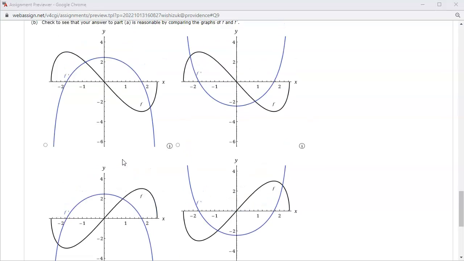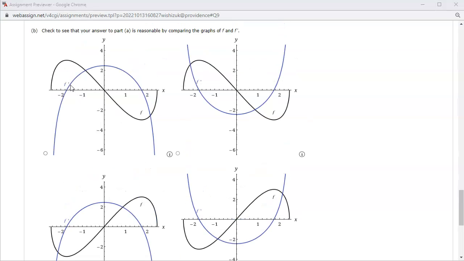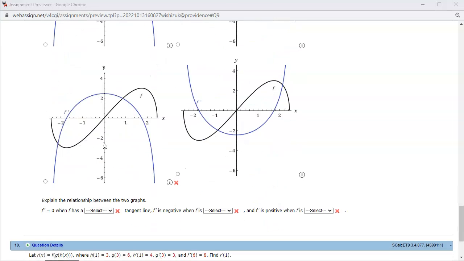Here the derivative is positive, so the original function should be increasing, but here the derivative is going down, decreasing, so this is not reasonable. And here, the derivative is positive, so the original function is increasing, so this is reasonable.